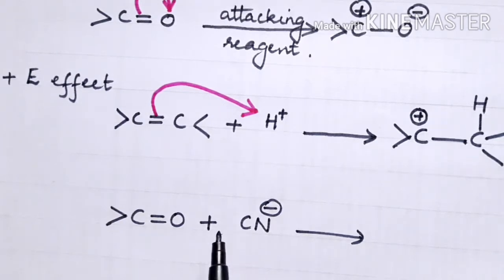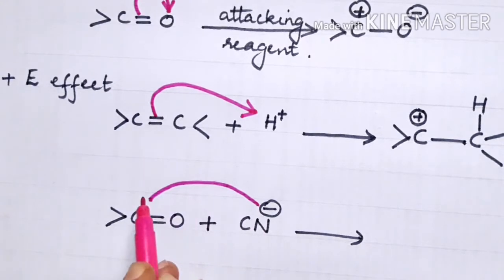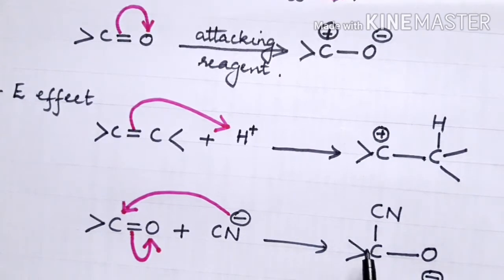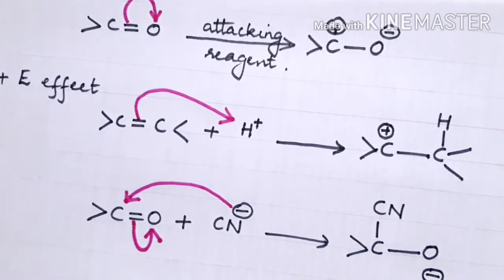You find that CN minus attacks the relatively positively charged carbon of the C=O, and the pi electrons get shifted, making CN bonded to carbon and O with a negative charge. Likewise, you find that an unsaturated system shows plus E effect with electrophiles and minus E effect with nucleophiles.